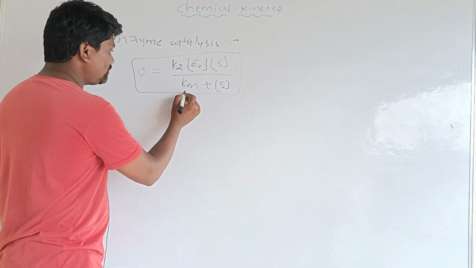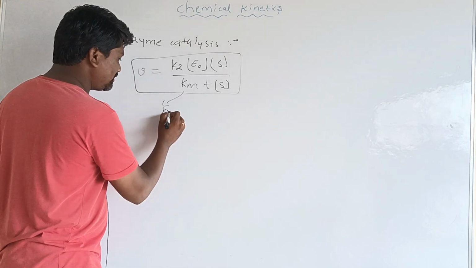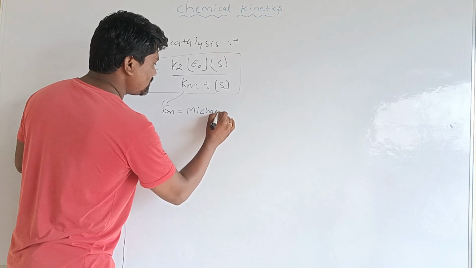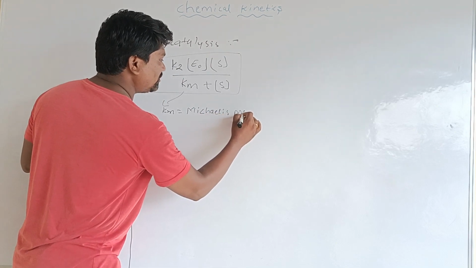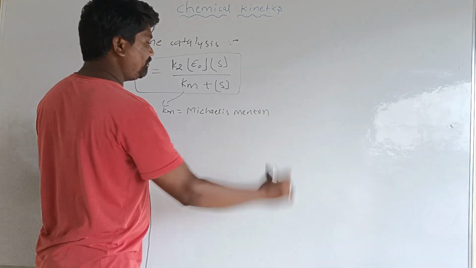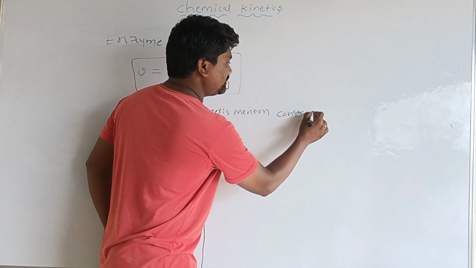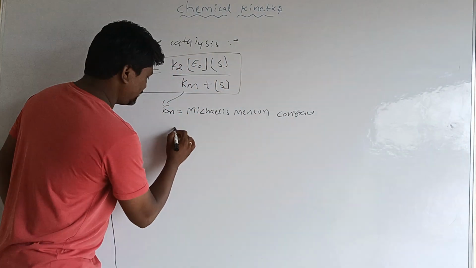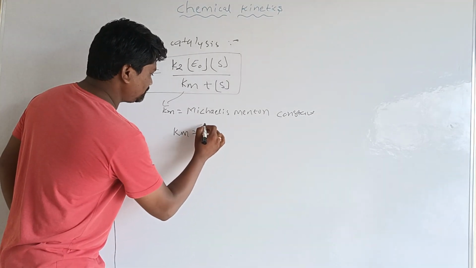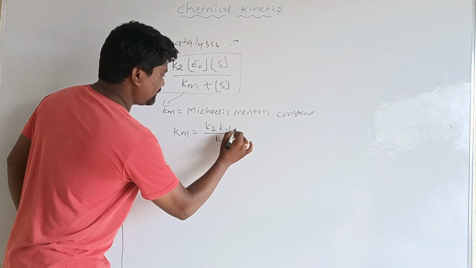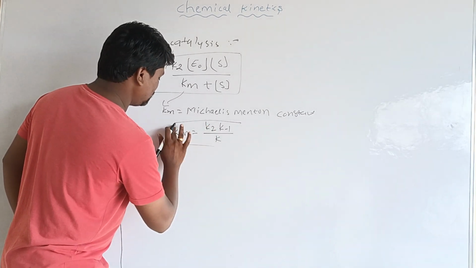Here Km is nothing but the Michaelis-Menten constant. Km is equal to K2 plus K inverse by K1.